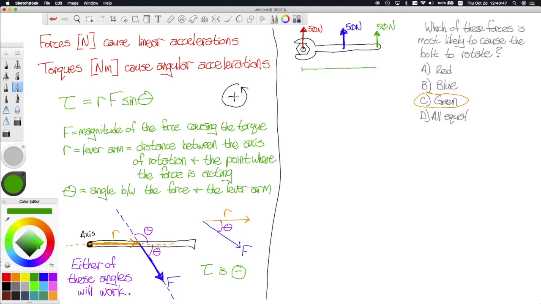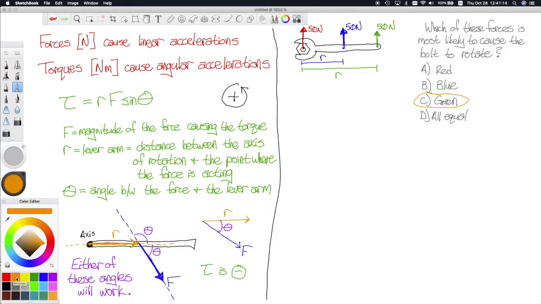So this distance right here would be the lever arm for the green rightmost force. And this distance here would be the lever arm for the blue force. Always the lever arm is the distance between the axis of rotation, in this case the center of the bolt, and the point where the force is acting.